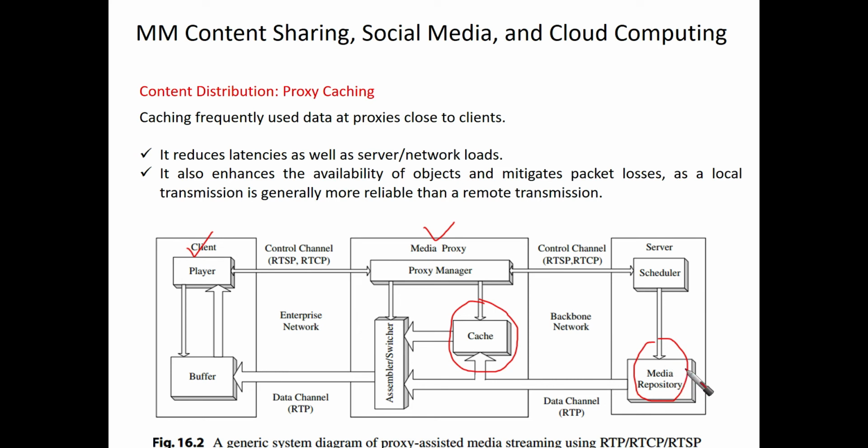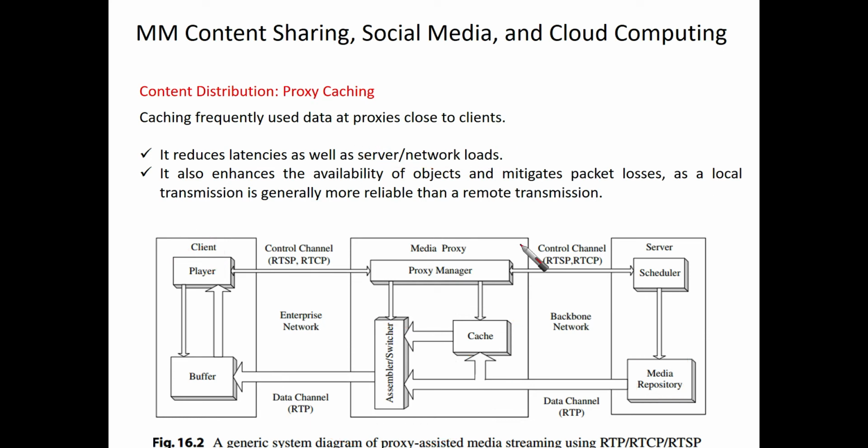In this way, it reduces the access time and the latency, that means the delay, and it also reduces the server and network load in general. Also, because the client is getting data from a nearby location, the transmission is more reliable, with less packet loss or data loss. That's the idea we use in proxy caching.